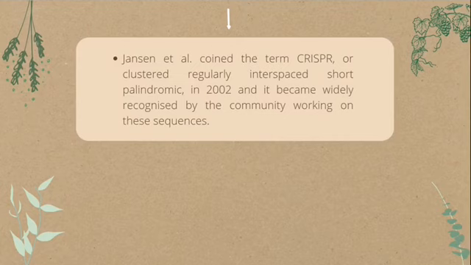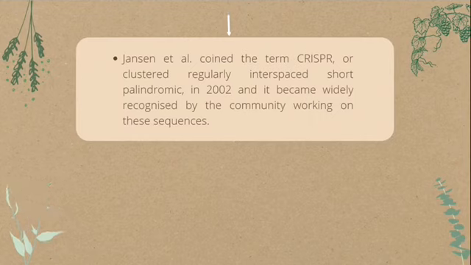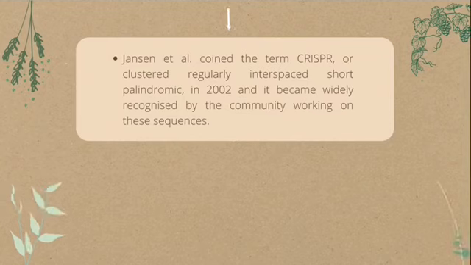In 2002, Jansen and her colleague coined the term CRISPR, or clustered regularly interspaced short palindromic repeats, and it became widely recognized by the community working on these sequences. So I will pass the next section to the other members. Thank you.